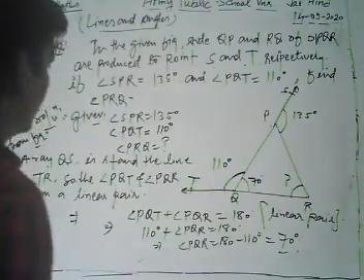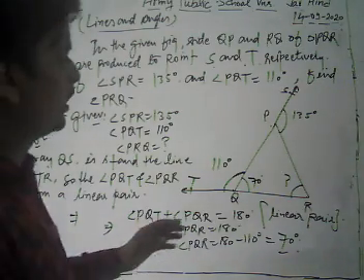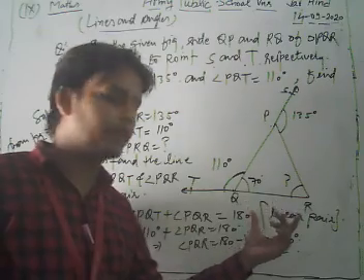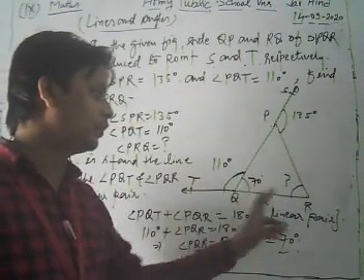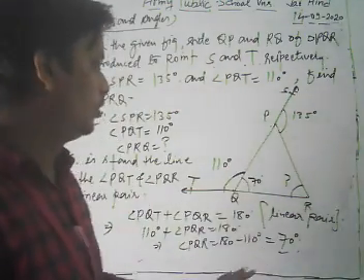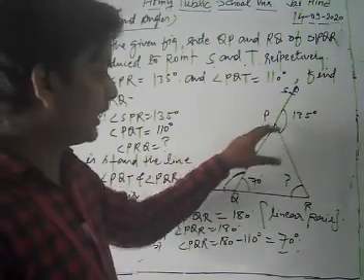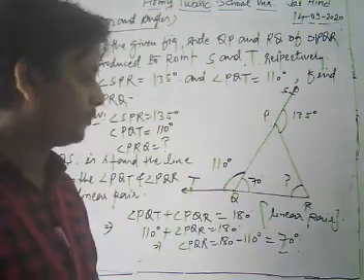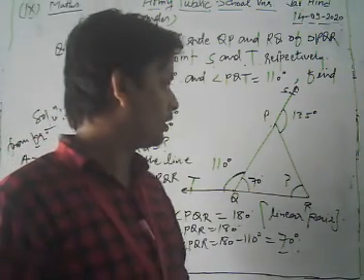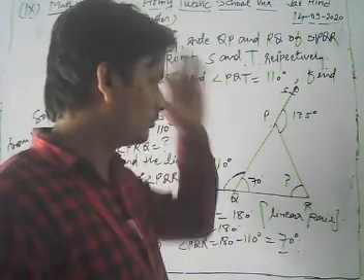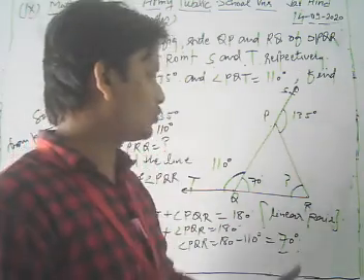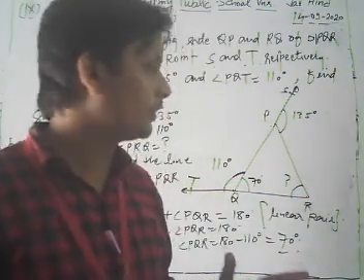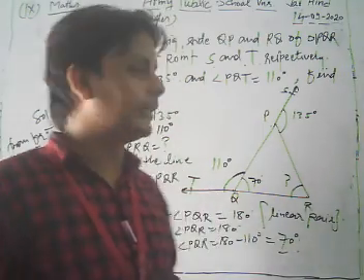Now, dear student, first of all we applied the concept of linear pair to find the value of angle PQR. Now again from the figure, in triangle PQR, we apply the exterior angle property, because this is one of the most important properties related to that figure.